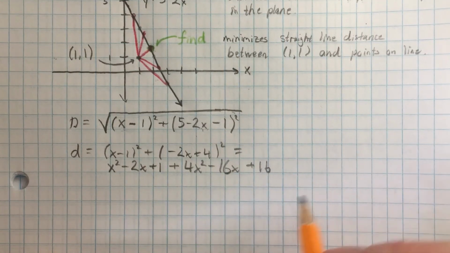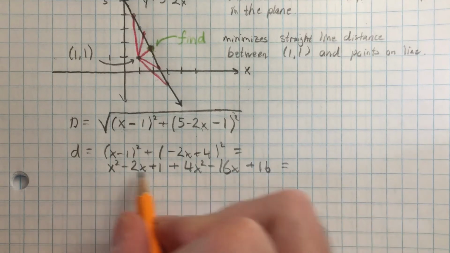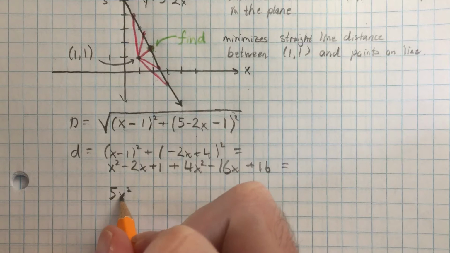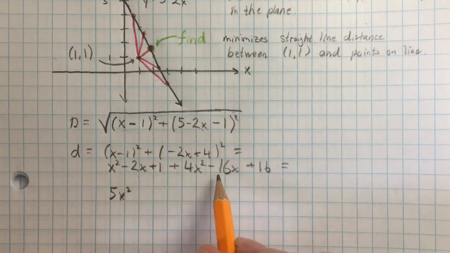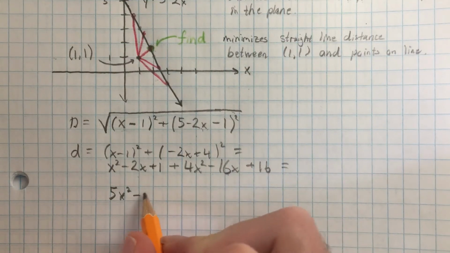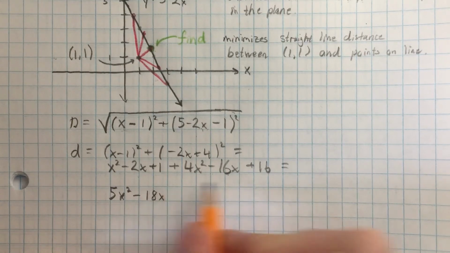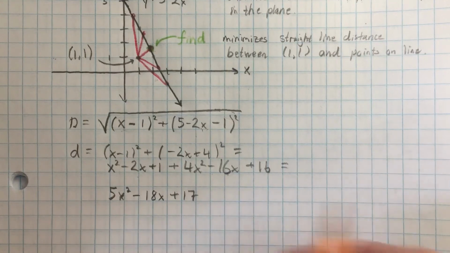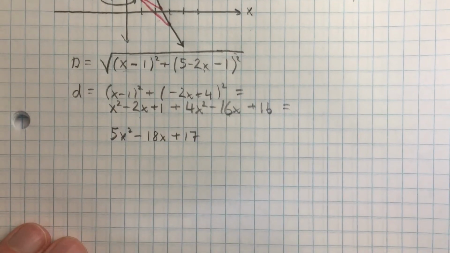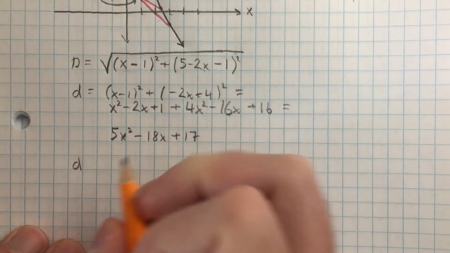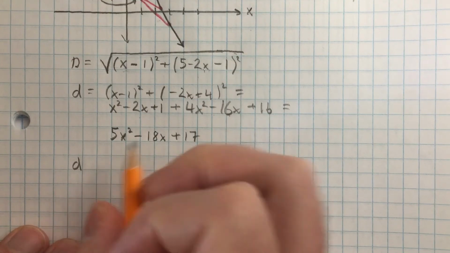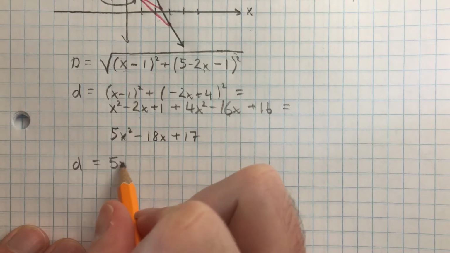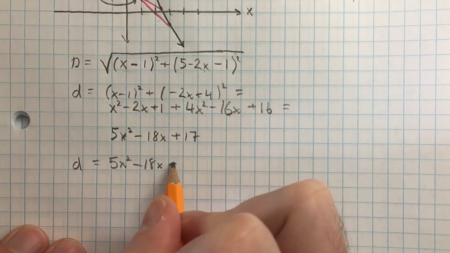So we'll have that, and just keep combining like terms. x squared and 4x squared is 5x squared, and negative 2x and negative 16x is negative 18x, and 1 and 16 is 17. All right, so there is our distance function, a little bit altered, basically just without the radical, and cleaned up a little bit. So d equals 5x squared minus 18x plus 17.